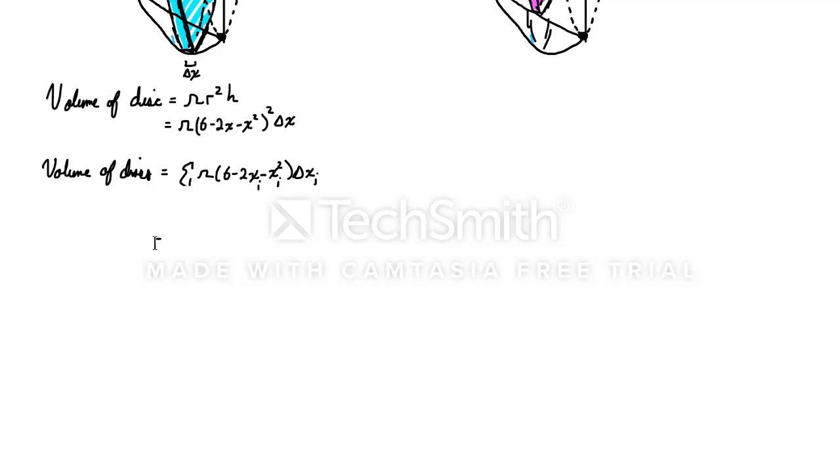Of course, in calculus, we don't use summation notation that much. Instead, we use integrals. We can do the integral from -3 to 0 of pi (6 minus 2x minus x squared) squared dx. In calculus terms, the small delta x represented here is expressed with a dx.